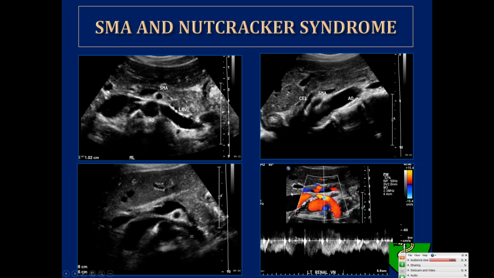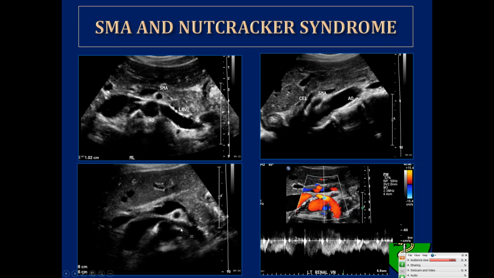This is an example of a patient with nutcracker syndrome, and in this situation we have compression of the left main renal vein between the aorta and SMA. In this patient usually the symptomatology is hematuria and abdominal pain.